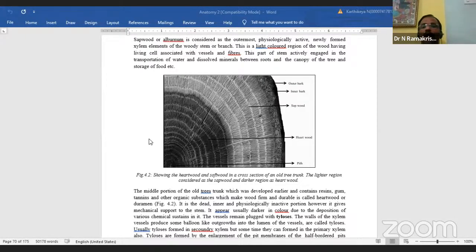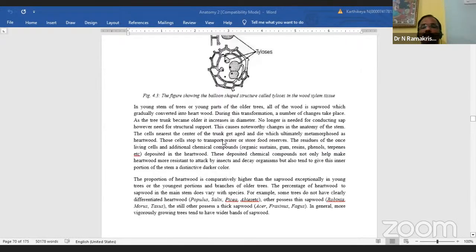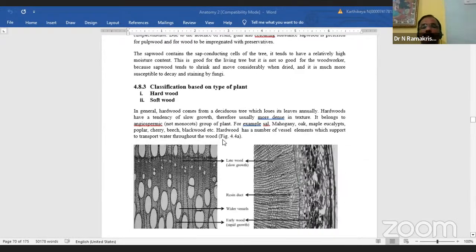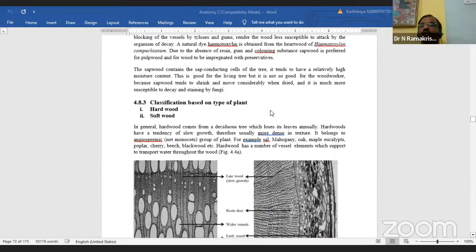These are all the annual rings. Primary and secondary, and sometimes tertiary rings. Okay. Here now you see, one you already know very well. One is hardwood and the second is softwood.